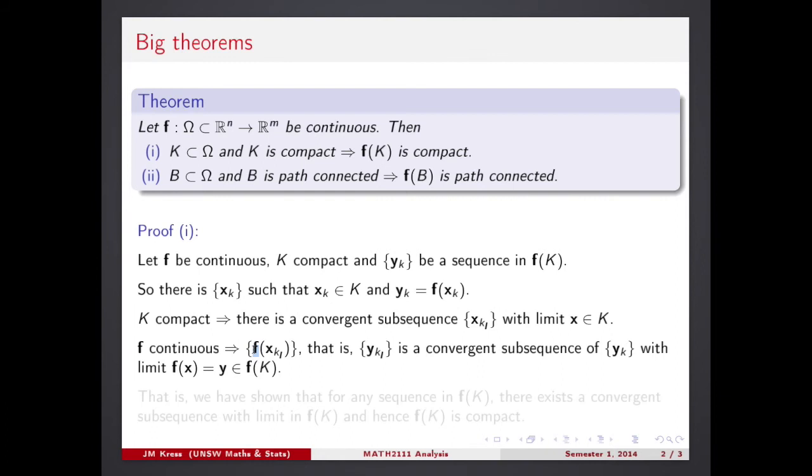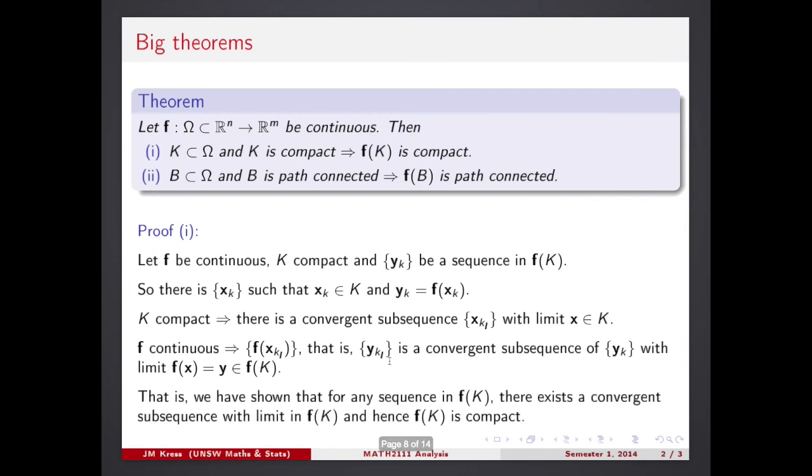Remember, there was one of the theorems we had: converging sequences are taken to converging sequences by a continuous map. So f of this x_{k_l} will also be converging, which is y_{k_l}, and this is it. For the sequence y, we found a subsequence, y_{k_l}, which is converging. And that's the end of the proof of part 1.